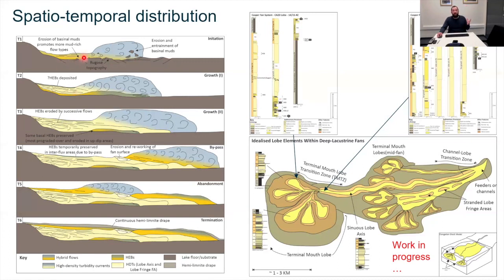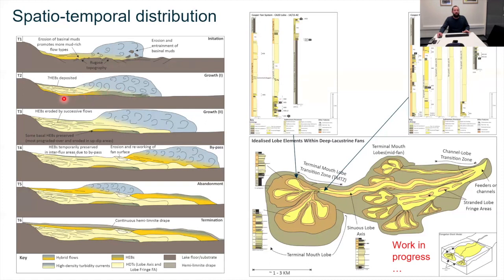And that probably is to do with the interaction with the virgin substrate and entrainment of muds from the topography, and interaction with the rugose topography that might be there before the initial fan comes through. So those preserved hybrid event beds are shown by these green colours in here.